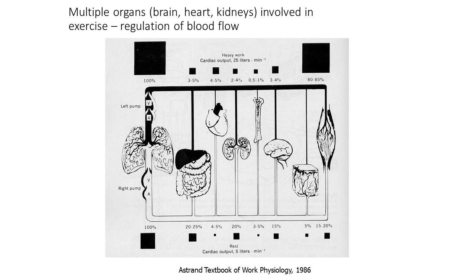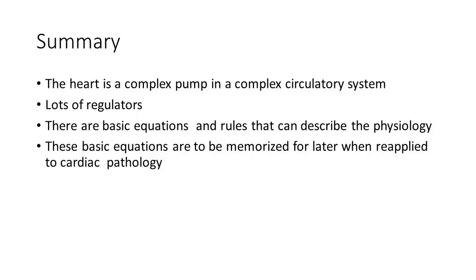As long as there are no pathophysiologic derangements, this should all work, and it's all working like a well-tuned machine. And it changes depending on, if you add things like exercise, cardiac output is going to be distributed in a different way to different organs. I hope that all makes sense.